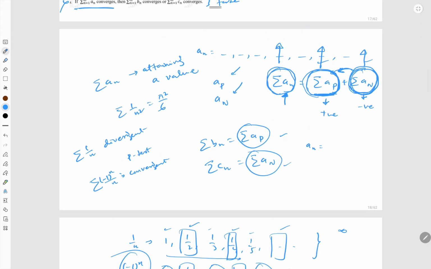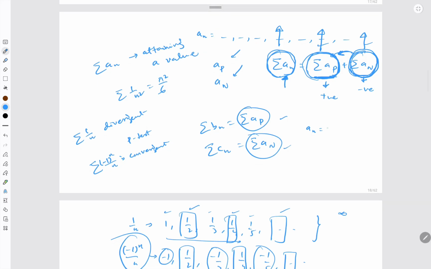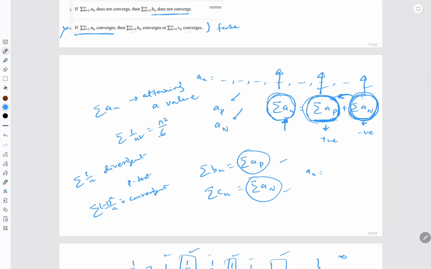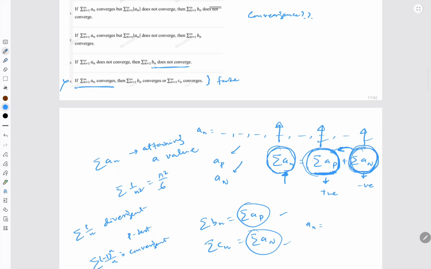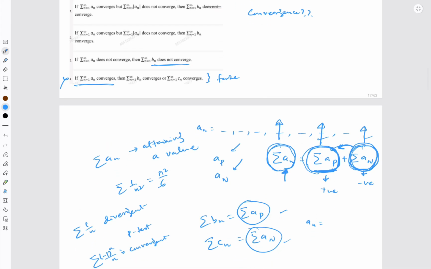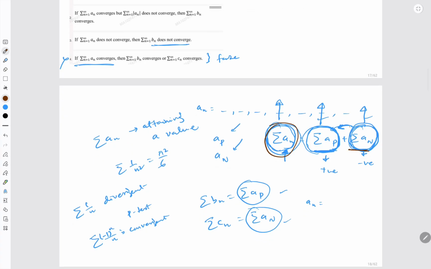To give a counter example, I have to make AP converging and an not converging. I gave you a feel already that this number is not converging, right? It can be due to the fact that the negative numbers are very high, so it is going to minus infinity. Not converging of a series means it can go to minus infinity or it can go to infinity.